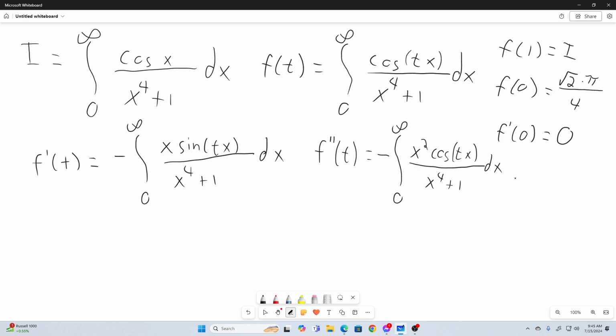They evaluate to the same thing. So this would be the negative of whatever we got when we evaluated this at the point 0. So f double prime of 0 is equal to negative square root of 2 times pi over 4.